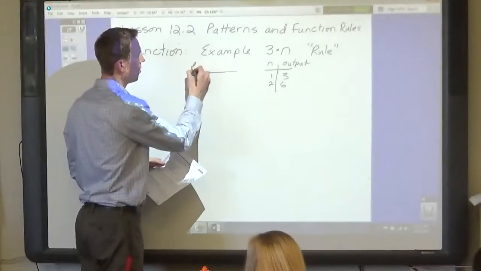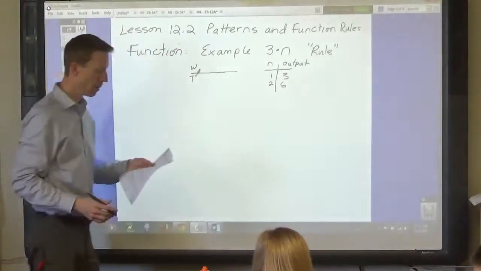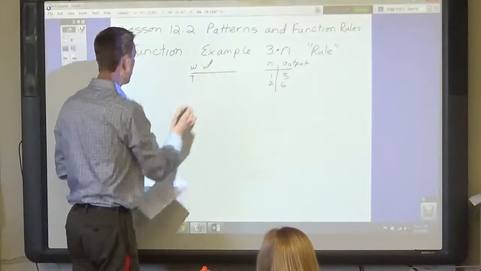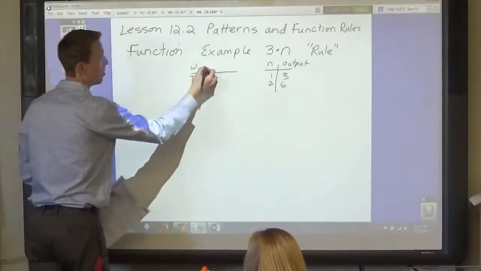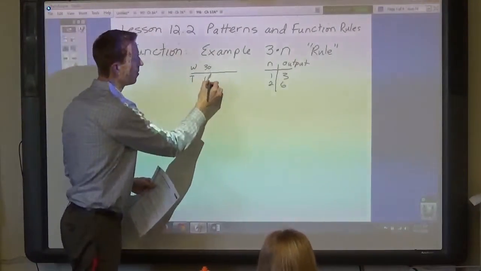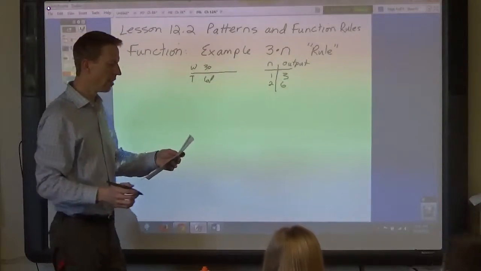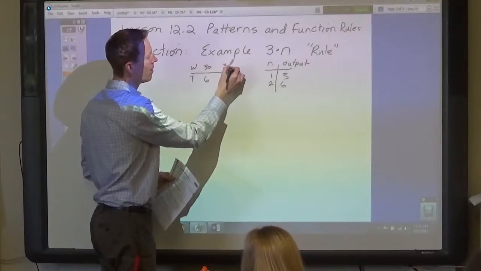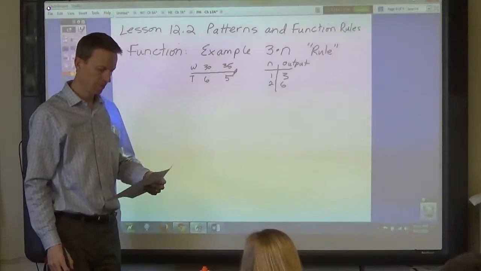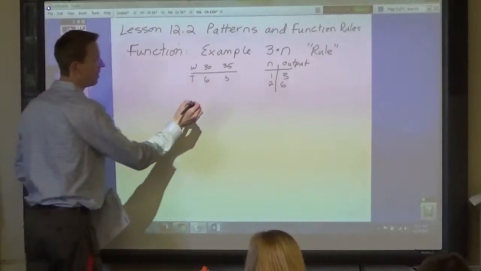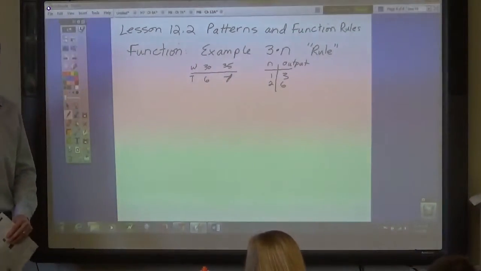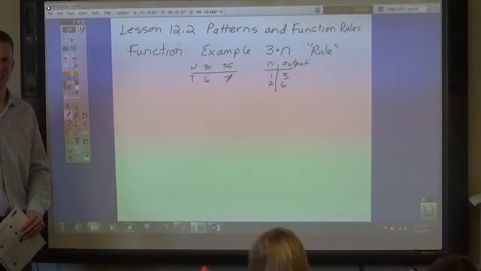It gives you an example, W and T. When W is 30, T is 6. When W is 35, T is 7. I gave you the function rule, didn't I?